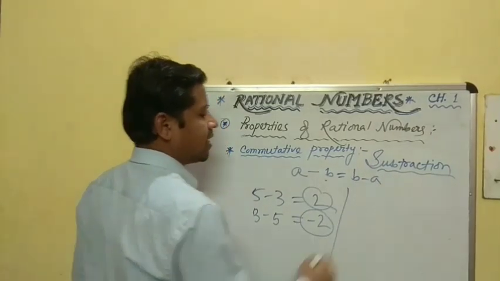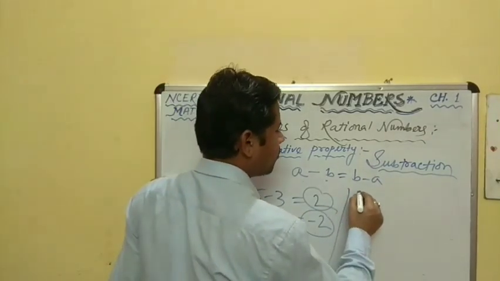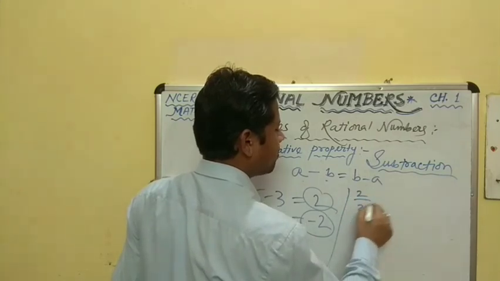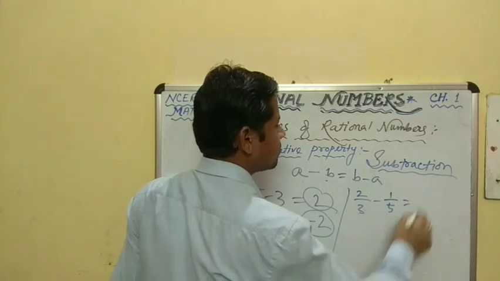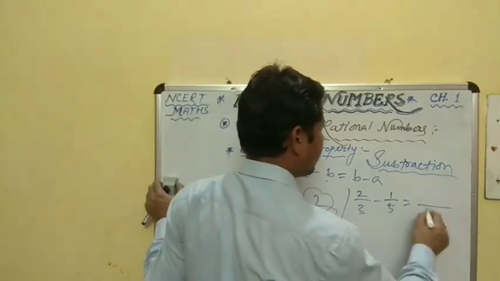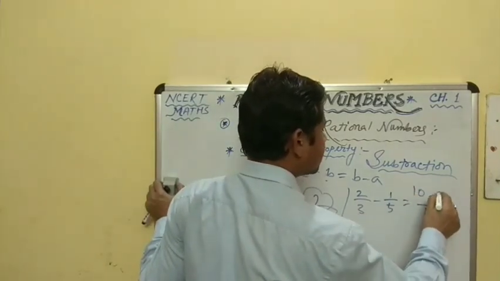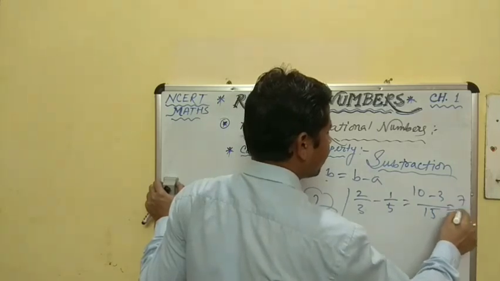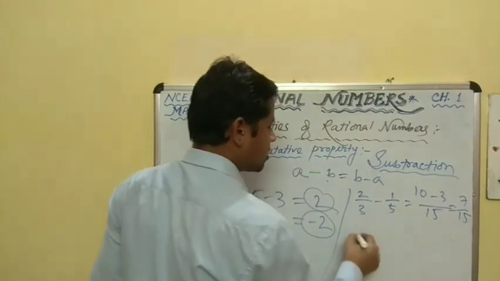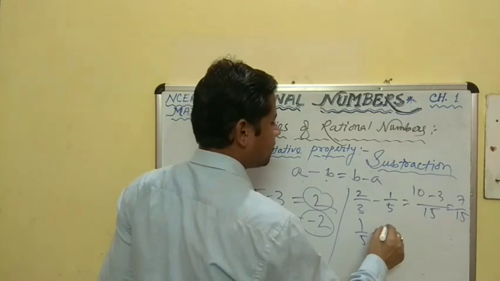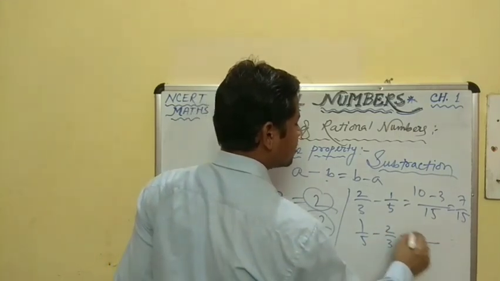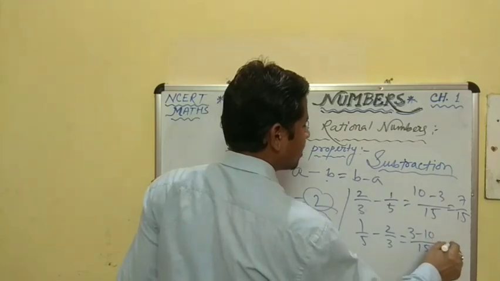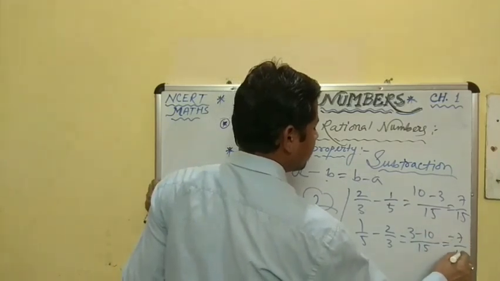If we take fractional form, 2 by 3 minus 1 by 5, the result gives 10 minus 3 over 15, that is 7 by 15. If we change this sequence, 1 by 5 minus 2 by 3 equals 3 minus 10 over 15, which is minus 7 by 15.